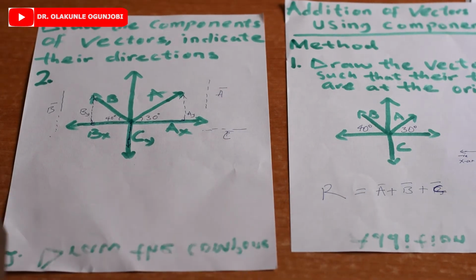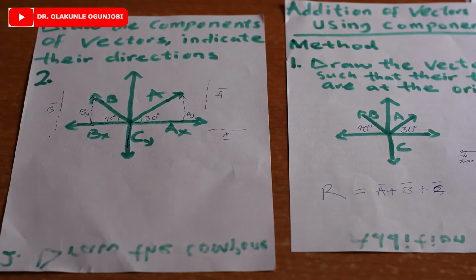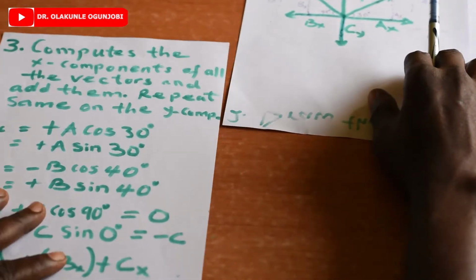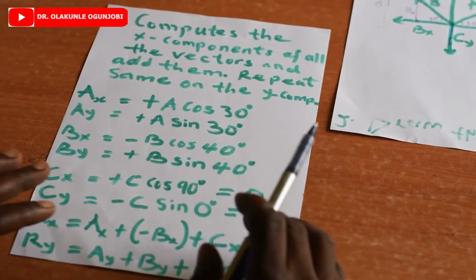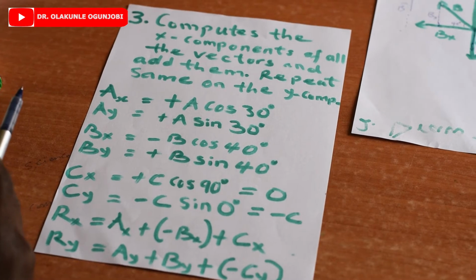So, the third thing to do, once you have been able to indicate their directions in this manner, then you should compute the x component. You can compute the x component of all the vectors and add them.